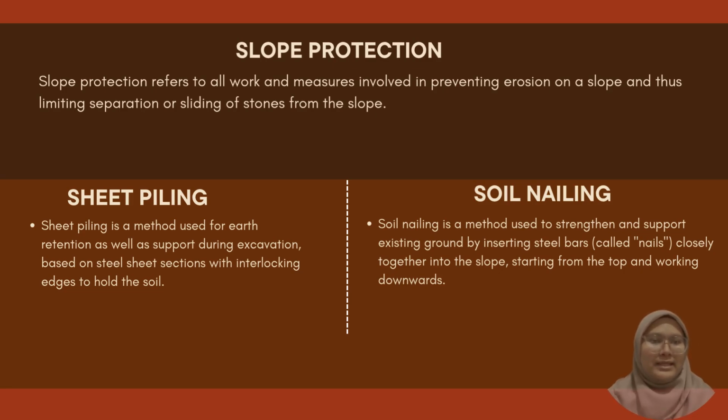Sheet piling is a method used for earth retention as well as support during excavation. As for soil nailing, it is a method used to strengthen and support existing ground by inserting steel bars called nails closely together into the slope, starting from the top downwards.